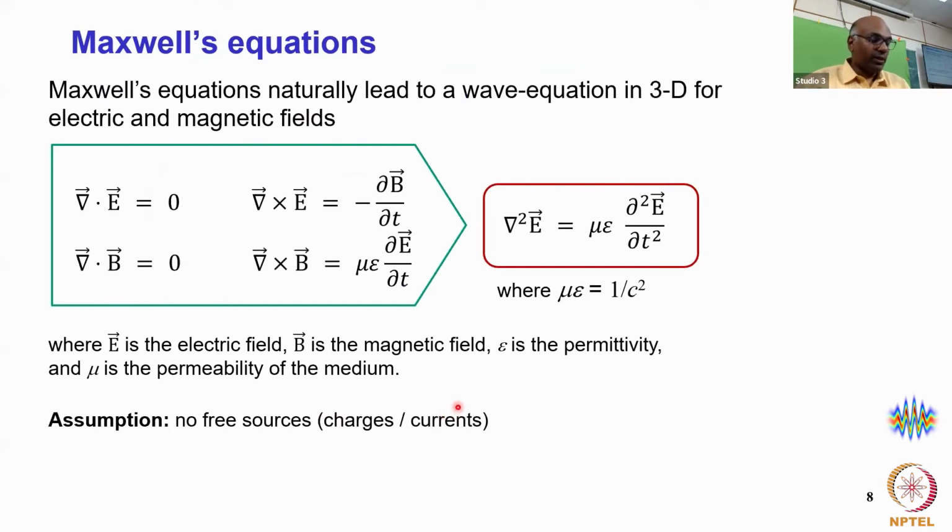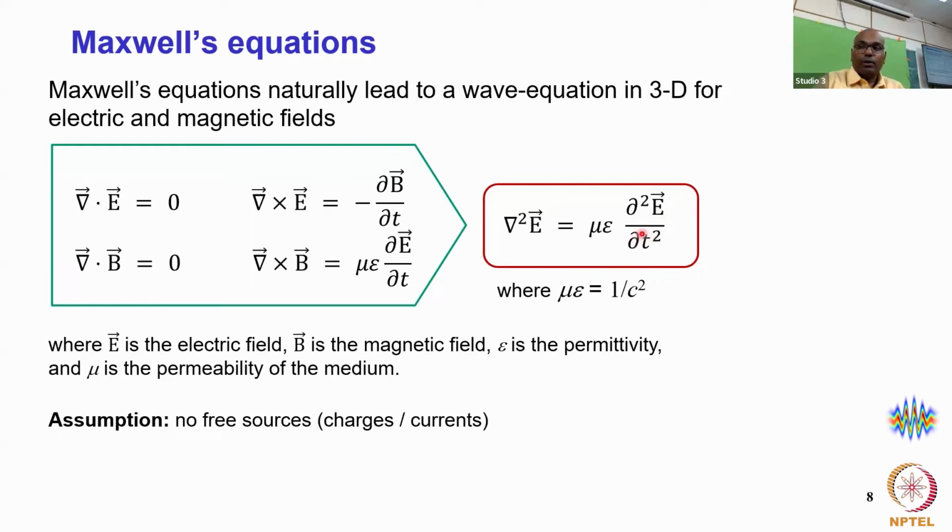From Maxwell's equations written for the condition where we don't have any free sources, either charges or currents, we can derive the wave equation, the vectorial wave equation for the electric fields, which I show here in the red box, which is del square of E is equal to mu epsilon, the product of the permeability and the permittivity of the medium in which the wave is propagating, multiplied by the partial second order derivative of the E vector field with respect to time.